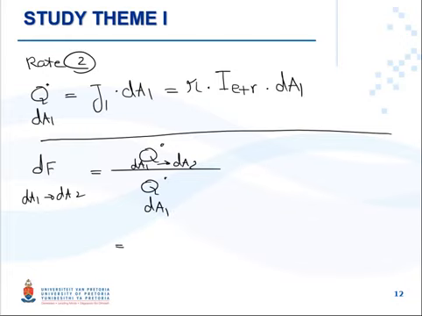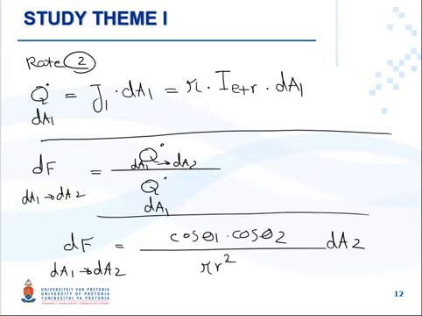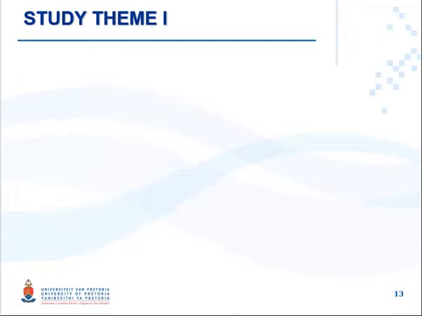So it will be equal to cosine theta 1 cosine theta 2 over pi r² dA2. So that's the differential view factor. Of course, if we want to find it, we need to do the integration over all of A2. We don't want to calculate it, but here I just want to show or prove the reciprocity rule.